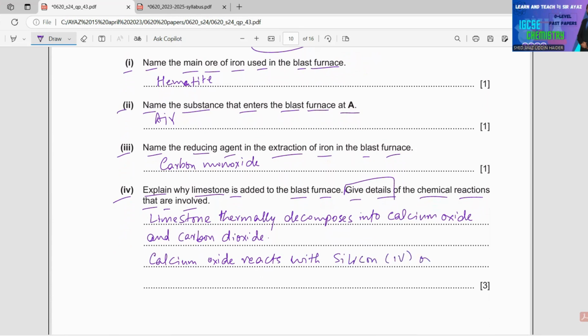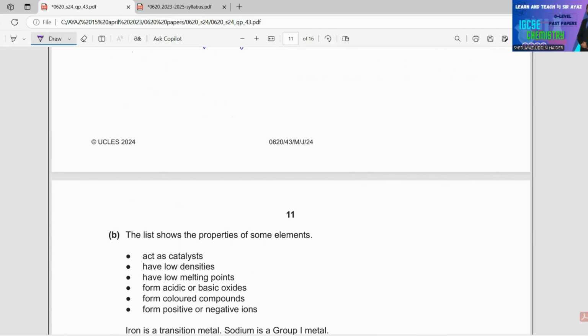This is the main impurity in the iron ore, which gets converted into slag. Slag is calcium silicate.